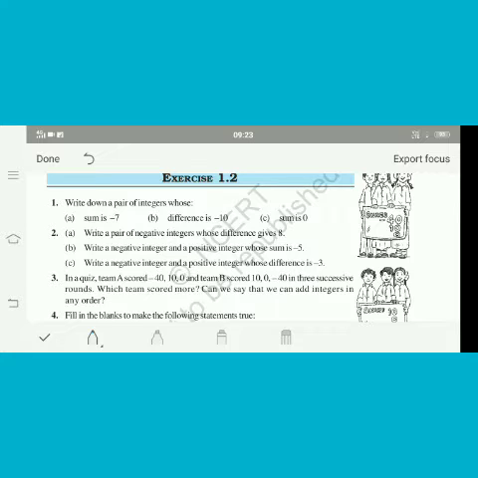I am taking -5 plus -2. Okay, so I am taking -5 plus -2. So here why I took -5 and -2 only, because it is easier also to find out.